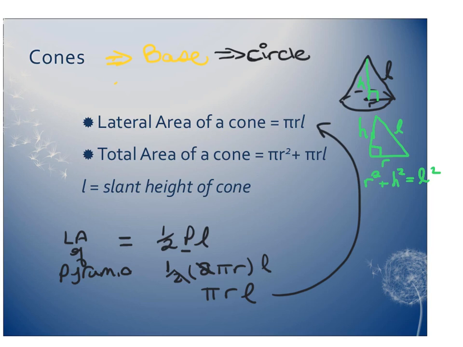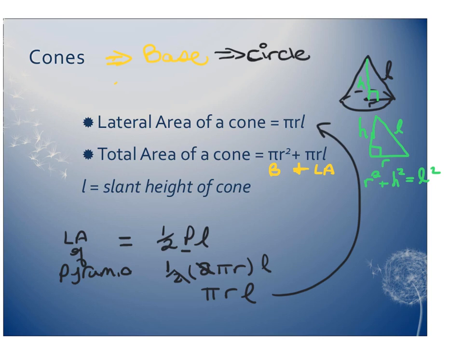And again, for total area, it's pi r squared plus pi r L. So this is the area of the base plus the lateral area. And again, remember that L represents the slant height.